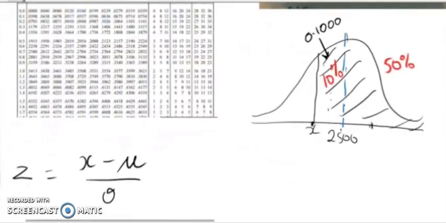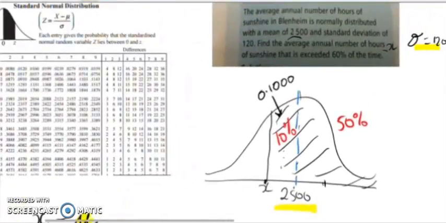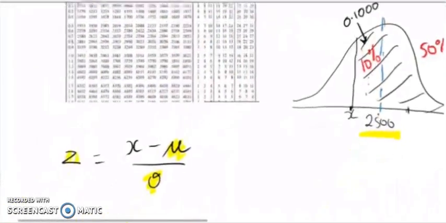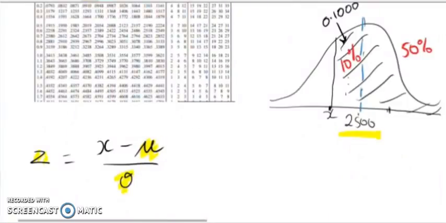If we can find the z-score, we know the mean is 2,500, we know the standard deviation was 120. So if we can find the z-score, we've got the one unknown variable that we want to find. Okay, so let's try and find the z-score.